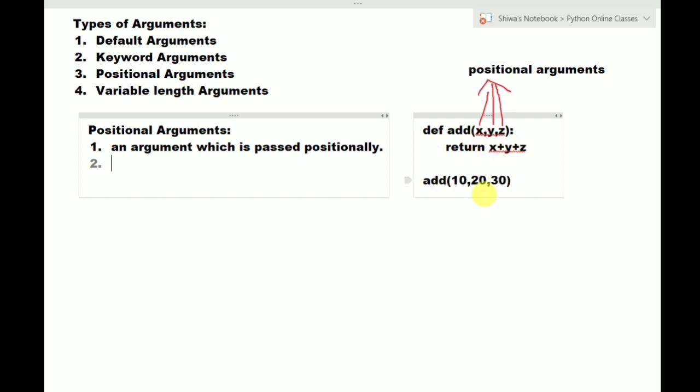In this concept the rule is the number of values in the function call and the number of arguments in the function definition should be the same.